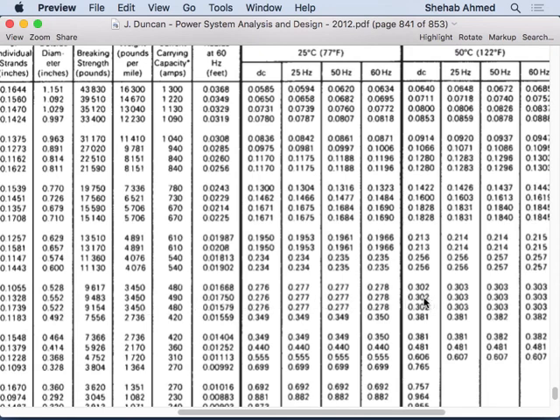You go and take the DC resistance, 0.302, and the 60 Hertz resistance, 0.303, and they're asking for the percent increase between DC and 60 Hertz for this specific conductor. Okay?